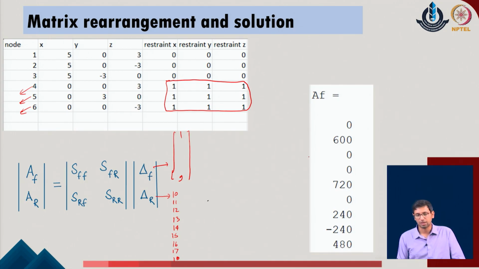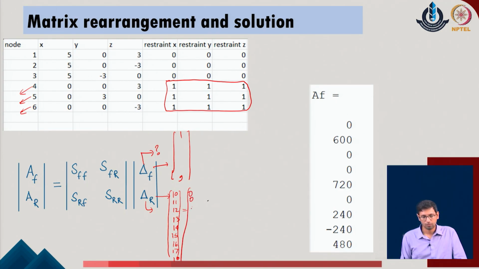So, using this system, I evaluate first the overall system, that delta f is something which I want to evaluate. So, it is unknown to me. Delta r is the restrained degrees of freedom corresponding to all these positions, and we realize that this is all restrained. So, these are all 0 values, corresponding to all the degrees of freedom, 10, 11, 12, 13, 14, 15, 16, 17 and 18.